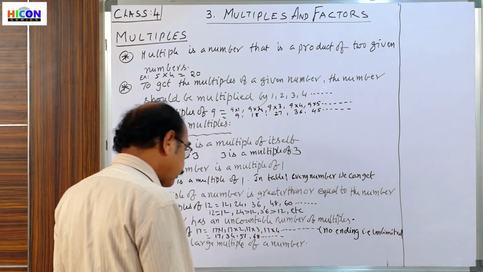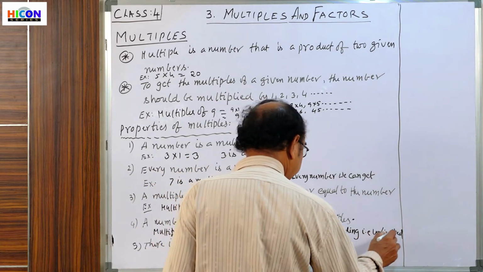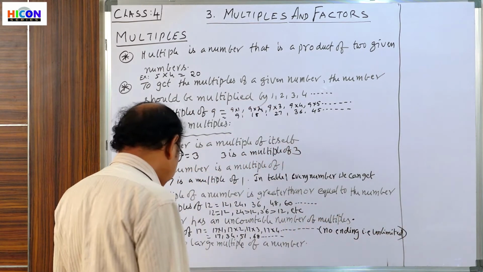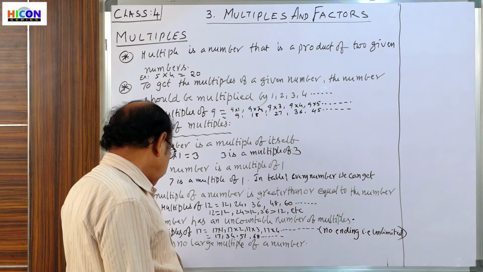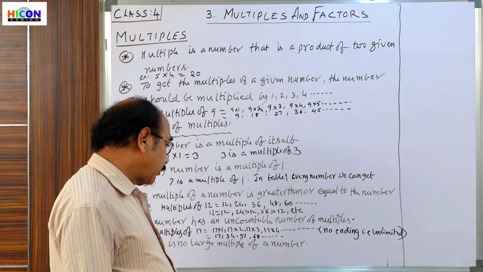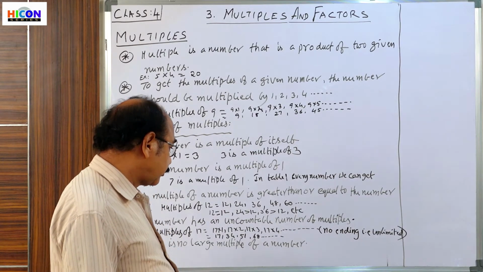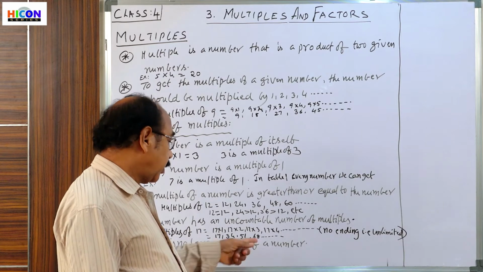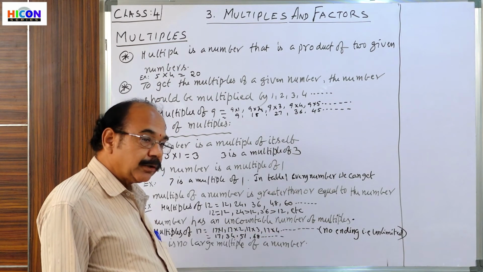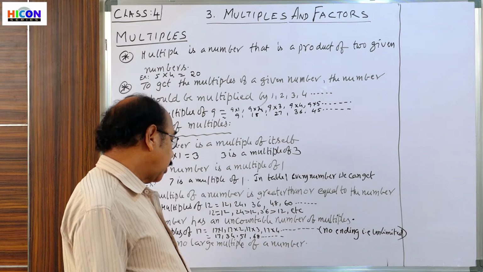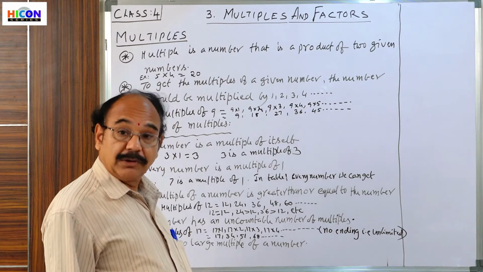Okay, children. Like this, there is no largest multiple of a number. Here there is no ending, so how can you say the largest multiple of a number? You can't say.